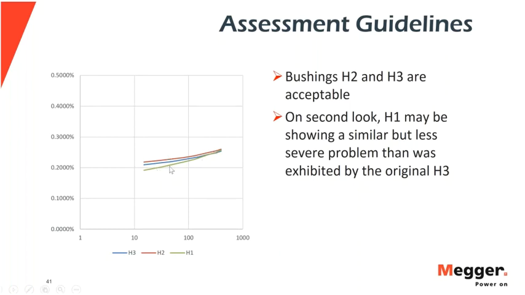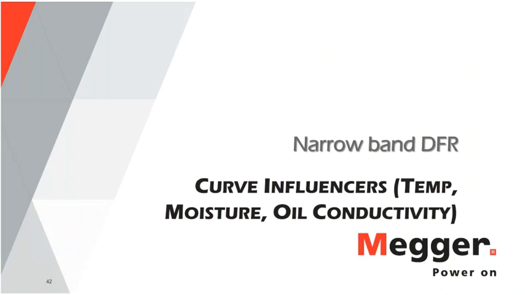But if anything, H1 has a positive slope through 60 hertz, and you can see that the tail of this is starting to cross over the other two bushings, which leads you to wonder that there might have been a general installation issue going on when these were installed, with how tight these terminals were tightened, and that H1 may have been well served by having just a quick look. It's nothing nearly as bad as what we saw with the H3, but that probably requires some attention too.